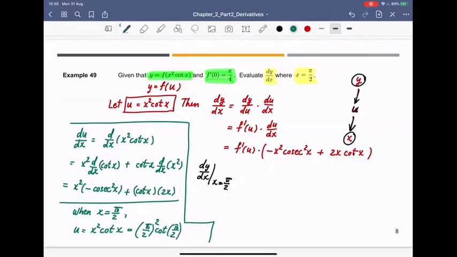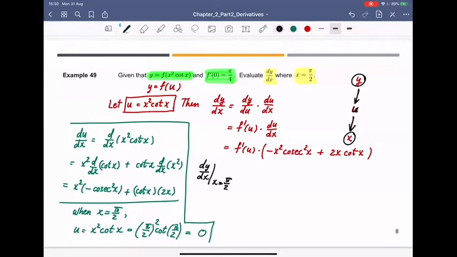And if you don't know, cotangent pi over 2 is 0, because cotangent is cos over sine. Well, that means this is 0 over 1, and that is 0. So when x equal to pi over 2, u equals 0.